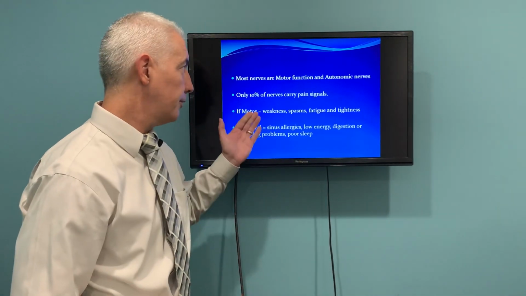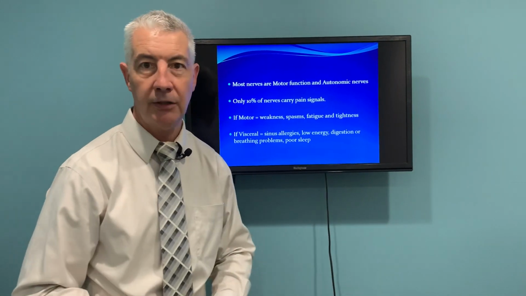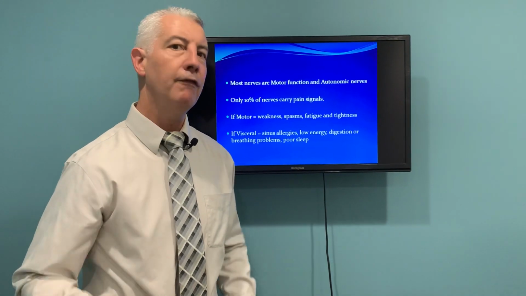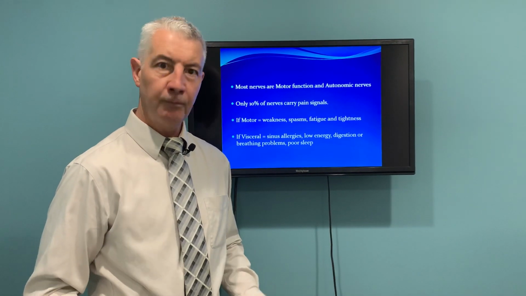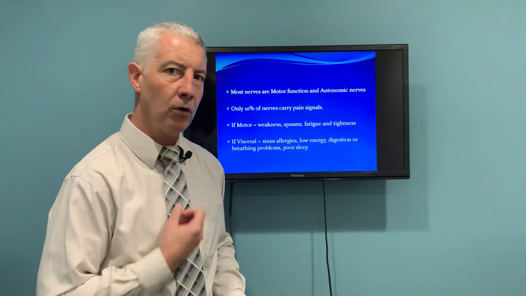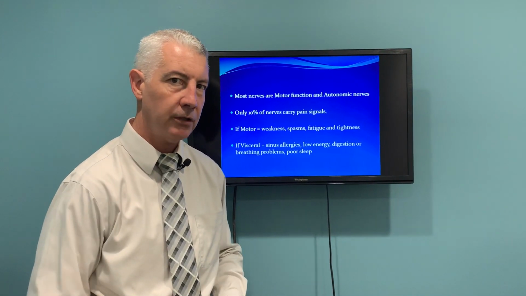So most of the nerves that come out of the spine are going to be motor and autonomic nerves. In other words, they go from your brain down to the rest of your body, and they run the muscles. They also get information from our organs and bring that up to the brain and help communicate that information.